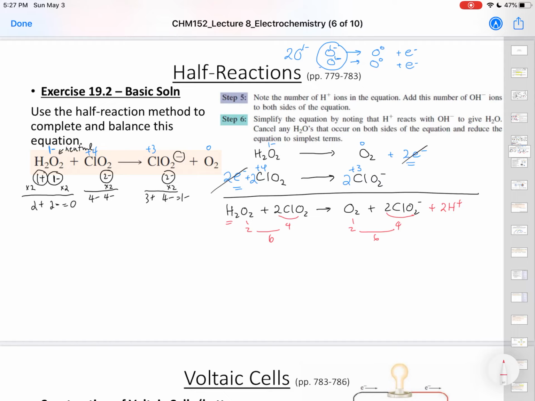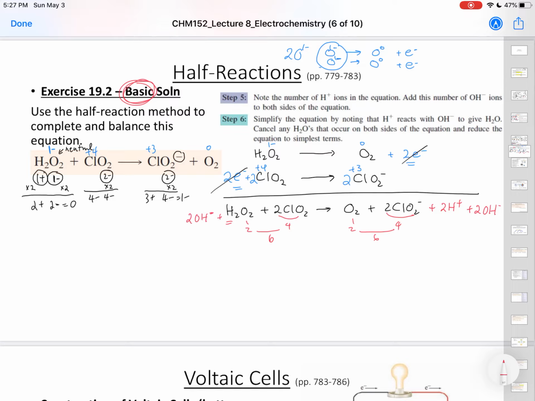Okay? And if we were doing it in acidic solution, we would be done at this point, but we are in basic solution. Okay, we are in basic solution. So we want OH minuses, no H pluses. Again, we apply rule number 5. Wherever we see an H plus, we're going to write the equivalent amount of OH minuses. And if we write 2 on the right side, we must add 2 OH minuses on the left side.